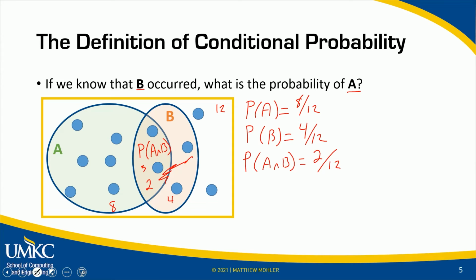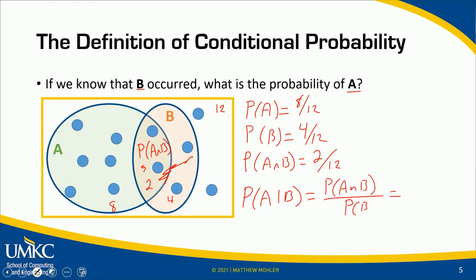So we could say that the probability of A, given that B has occurred, is really equal to the probability of A intersected with B over the probability of B.